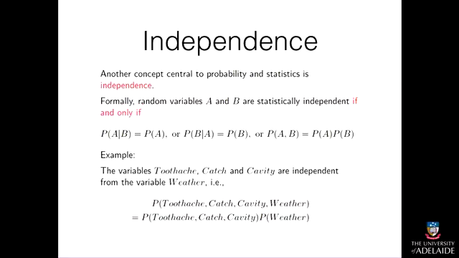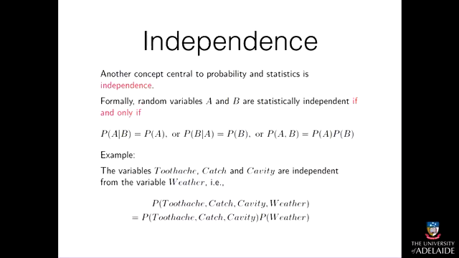Let's say in order to represent this joint distribution, how many entries do we need? Any idea? This joint distribution has four random variables. Each of them is a Boolean random variable.